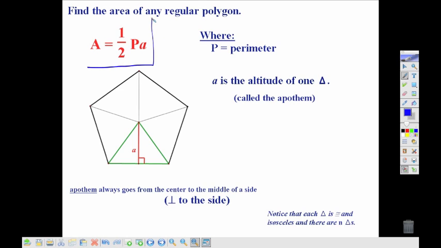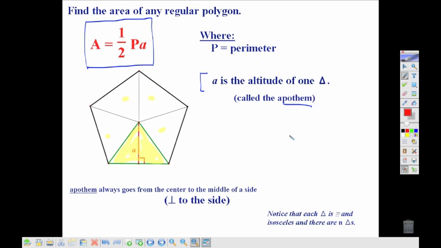Now this is the formula that we have, and it's based on the fact that there are a number of triangles in here, so we can use the perimeter of the whole thing. But we have to know what this little a is. A is called the apothem, and it's the altitude of just one of our triangles. What we're doing is we're sort of focusing on just one of the triangles that's formed. And notice I could multiply that by 5.